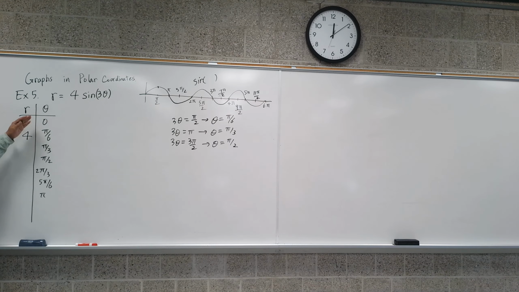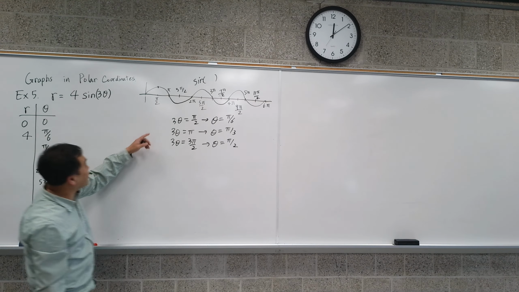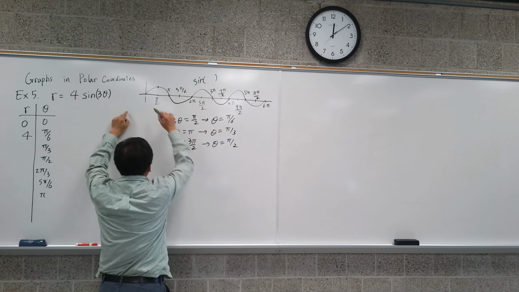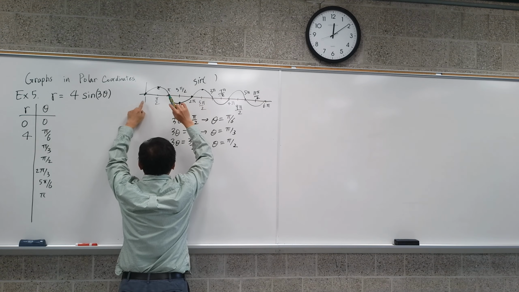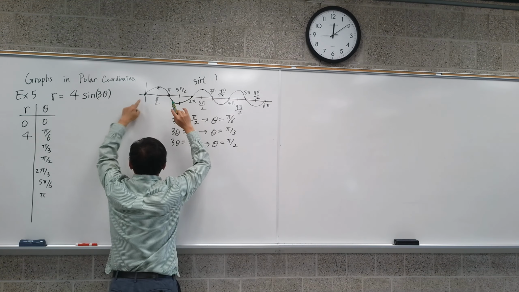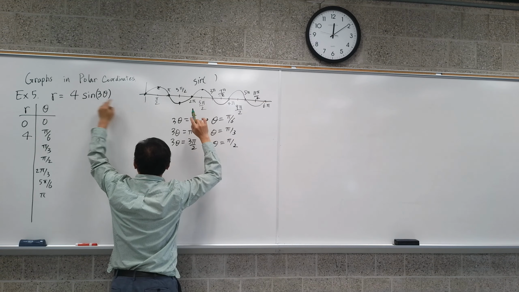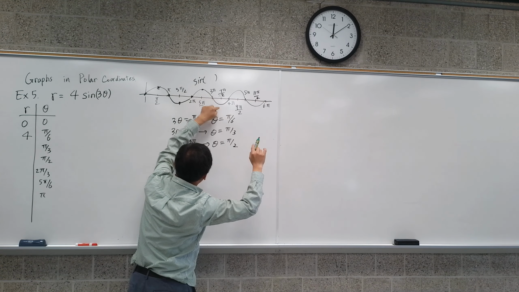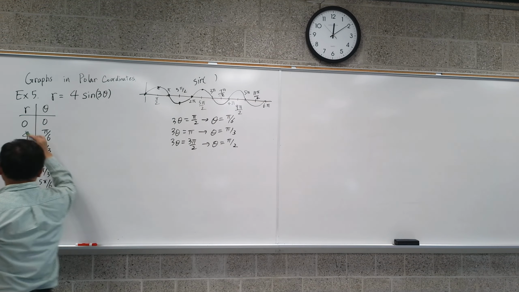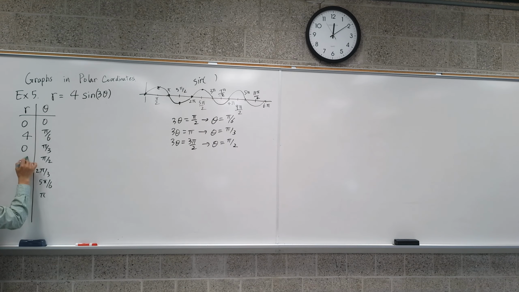And if you trust me that these values are exactly the values that give you these important parts, then you can simply think about what happens if you multiply these values by 4: 0, 4, 0, negative 4, 0, 4, 0, negative 4, and so on.